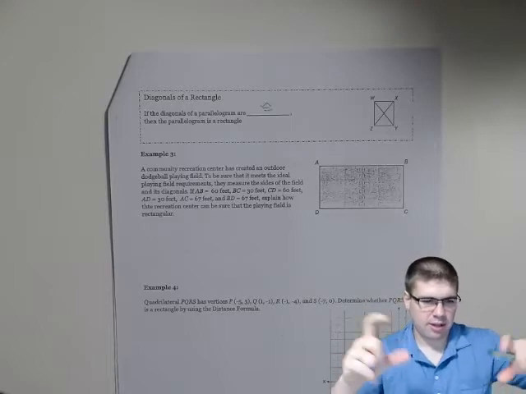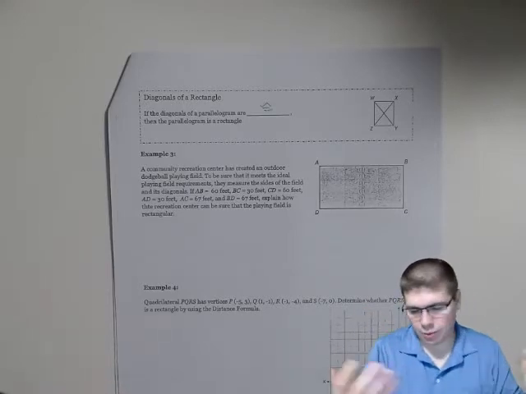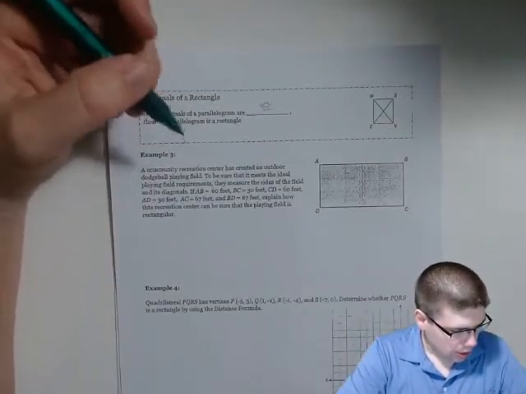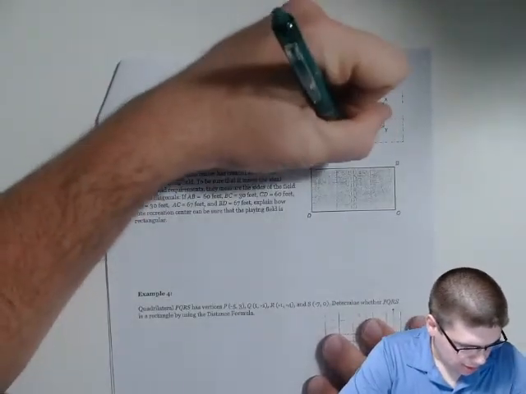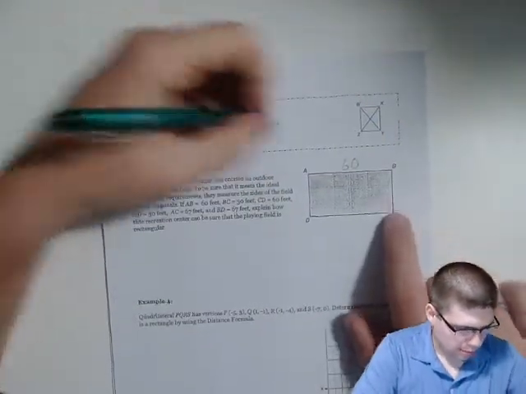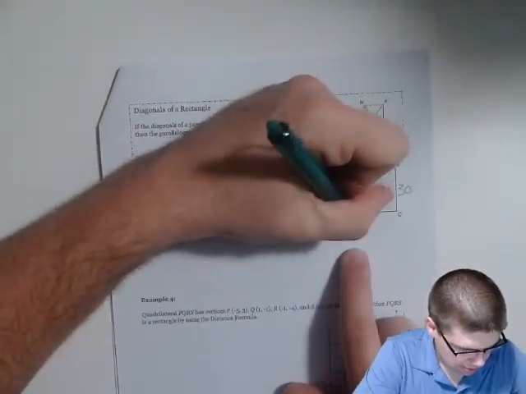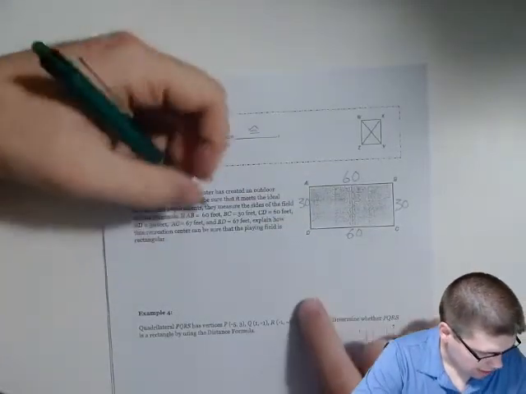Your things might be bent a little bit, but if you measure the diagonals, you'll know you actually have a rectangle, which we tend to like for construction an awful lot. So we got AB is 60, so we got 60 up here, BC is 30, CD is 60, and AD is 30, so we got those measurements.